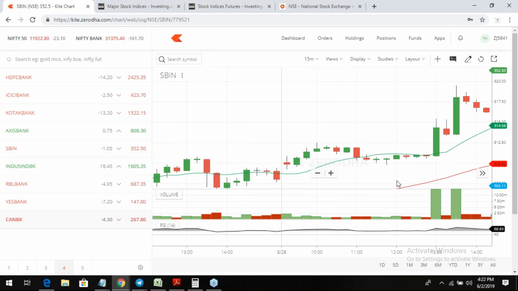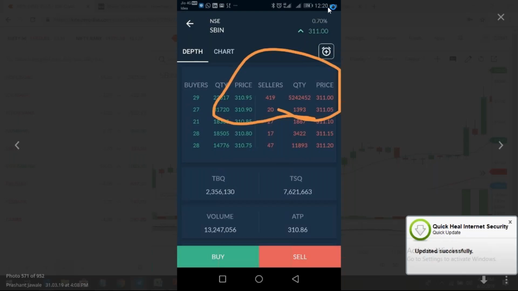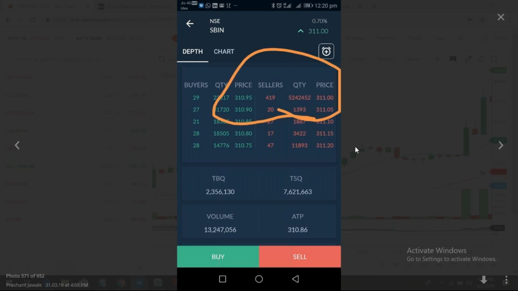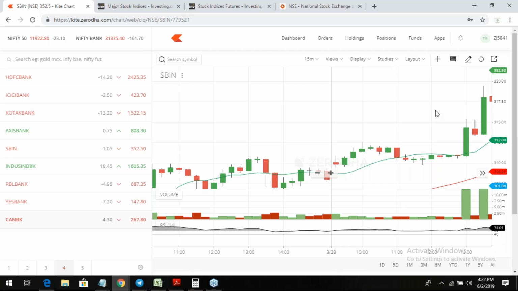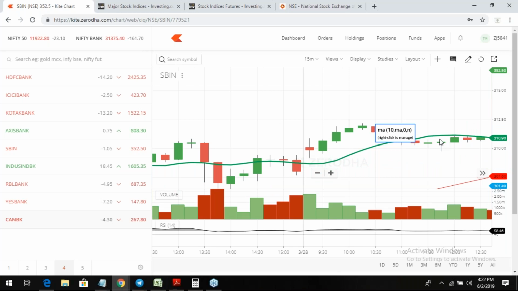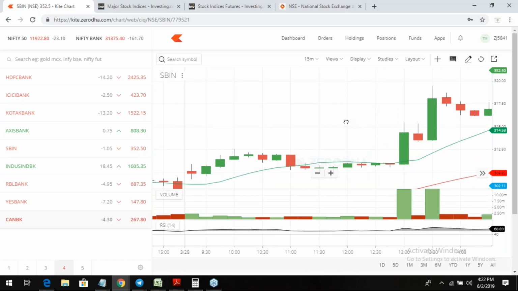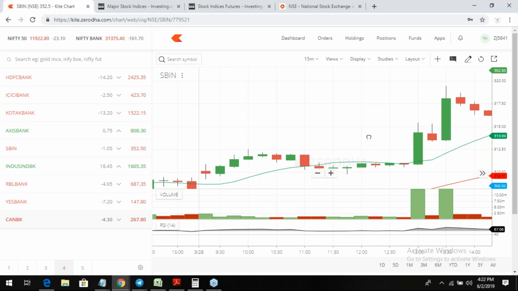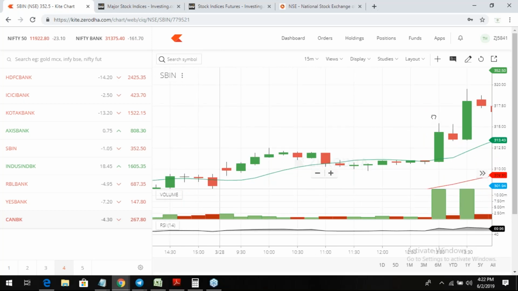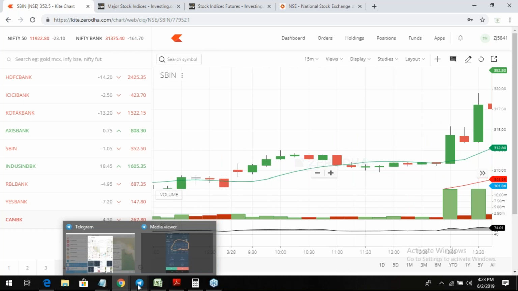On what date? It's a 12:20 time, or 12:30. What is going on? And I have posted in our Telegram as well. So you understood this now. So I saved this photo.